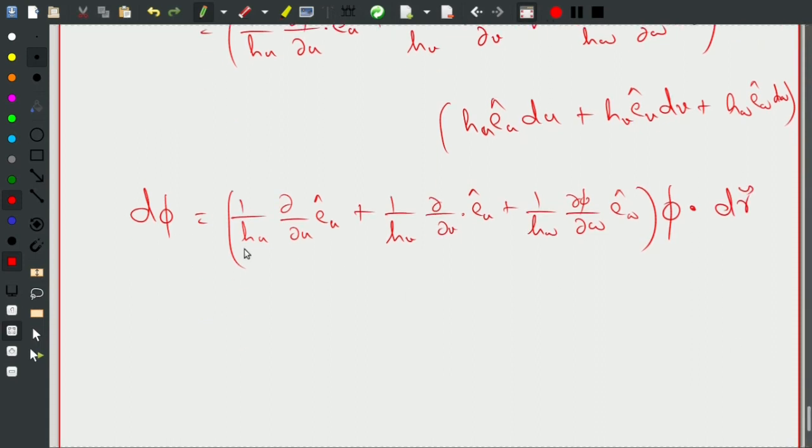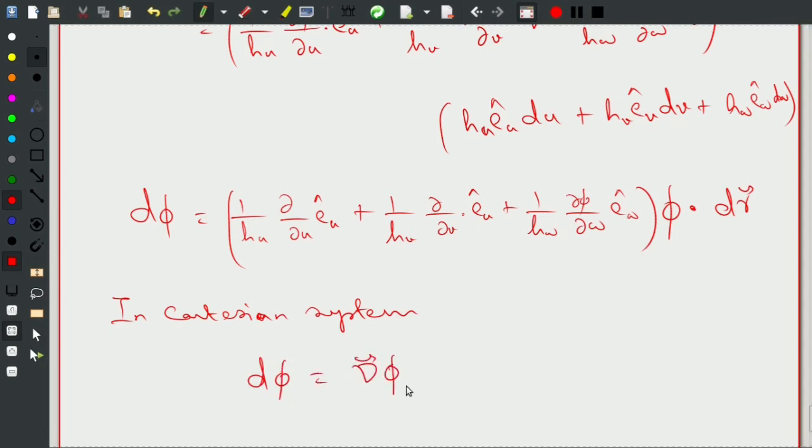This is a familiar form from the Cartesian system, where dφ equals the gradient of φ dotted with dr. Here also it is similar, so this part is nothing but our gradient in the curvilinear system.